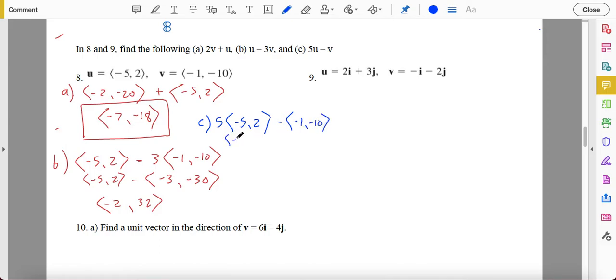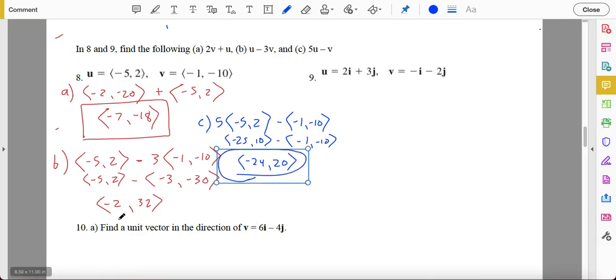So we've got -25, 10, minus -1, -10. So -25 plus 1 is -24. 10 minus -10, that's 10 plus 10, which is 20. So those are our 3 solutions for A, B, and C.